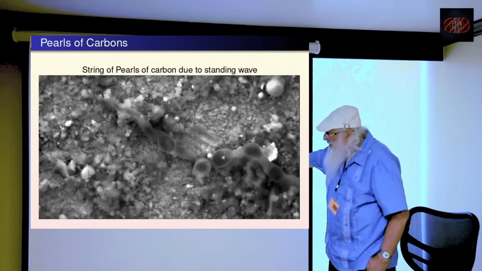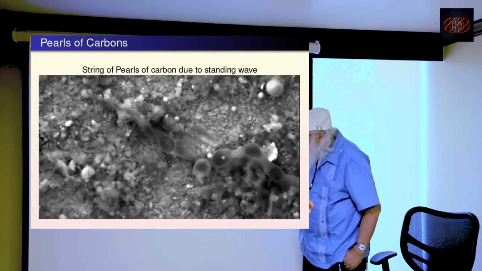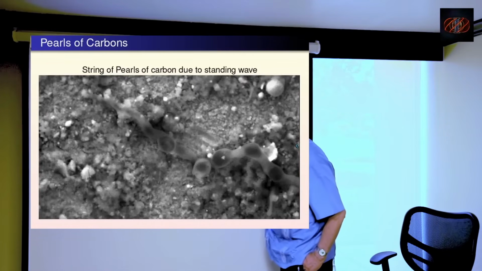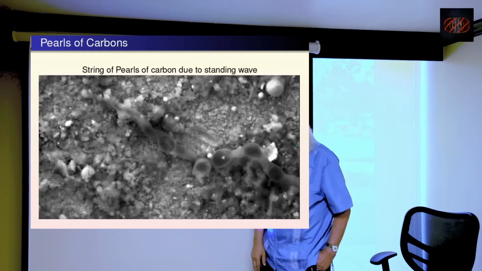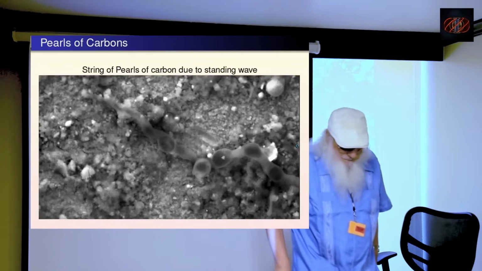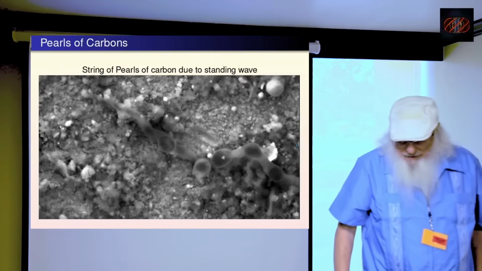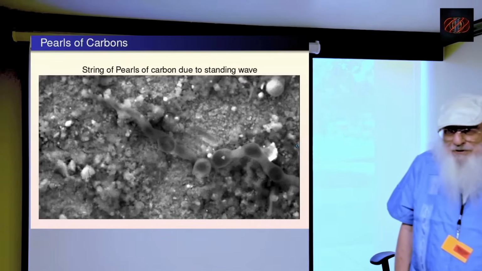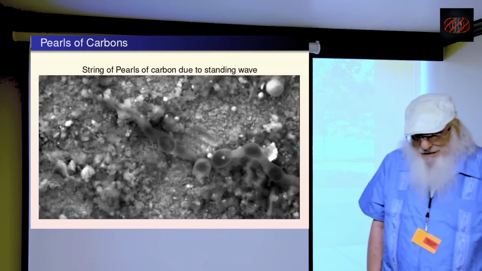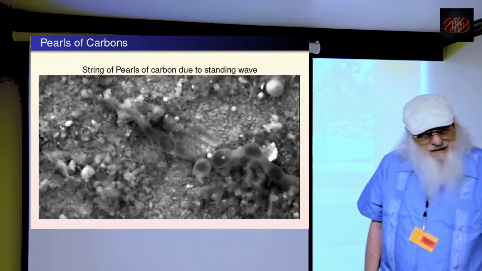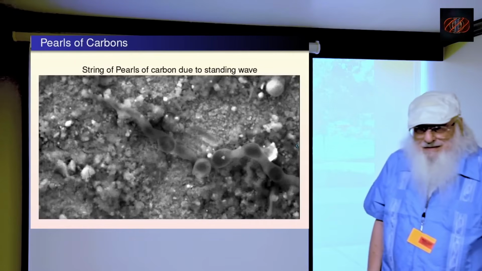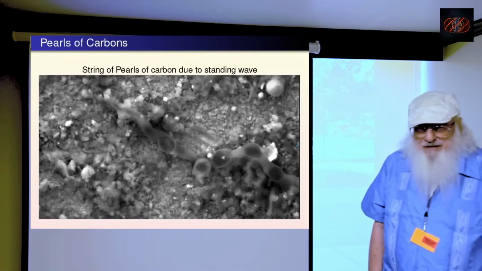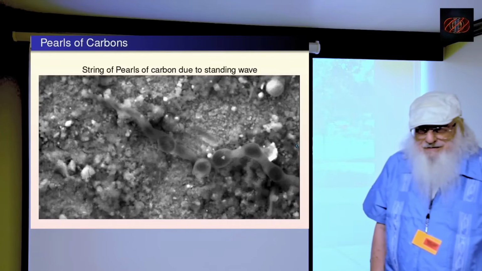To another one, to another one, and then here. What's going on here? It's a string of pearls with carbon. And they're spaced that way because there must have been a standing wave. And that carbon is not ordinary carbon. That carbon is diamond.